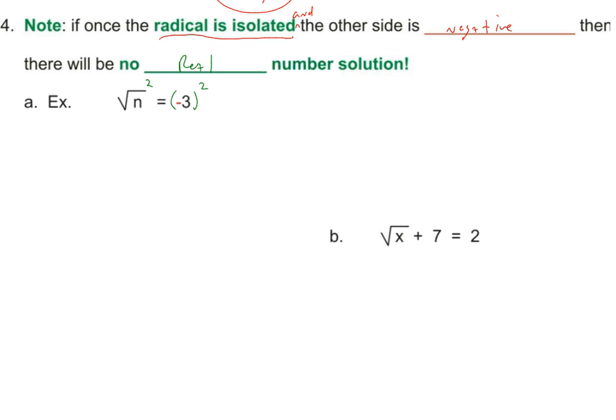The left is an n. And what is negative 3 squared? What's negative 3 times negative 3? 9. It is a positive 9, yes? So we get n equals 9. Seems like a perfectly fine answer.